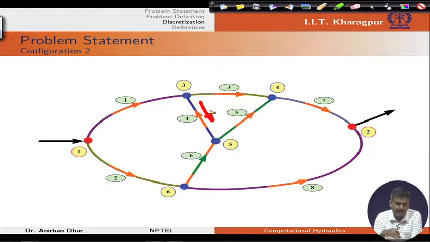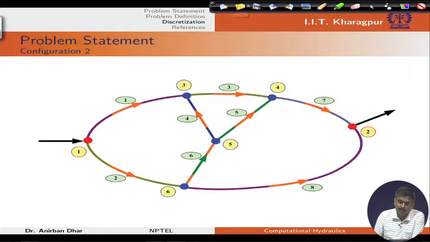So, I have kept the flow direction for all other channels, that means channel 1, 2, 3, 5, 6, 7, 8 same, but I have changed the direction of flow for this channel 4. That means, now I am considering channel is flowing from 5 to 3. Obviously, 3 is higher elevation, 5 is having the lower elevation in this case.